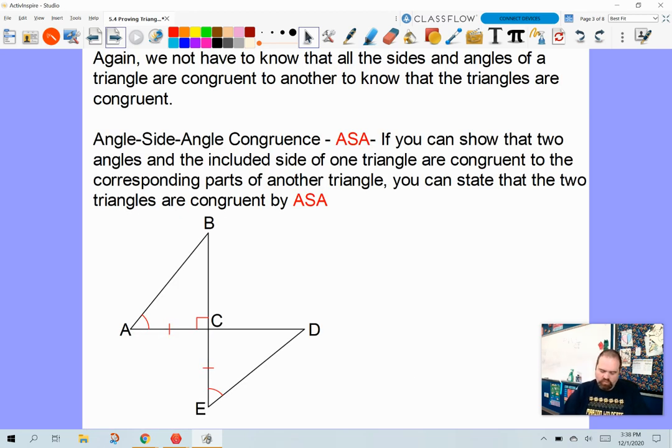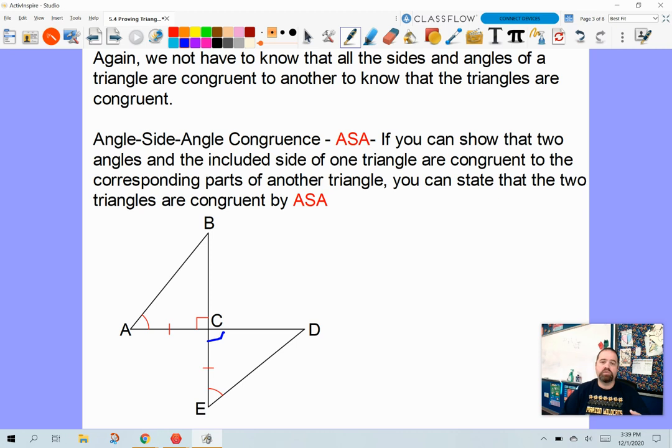So for the angle side angle congruence, you need to have either two angles marked or two angles that you know to be congruent in each triangle, and the side that is physically between those two marked angles. So although in this one, the right angle here at C is not marked, because of the vertical angles, you know those two to be congruent.